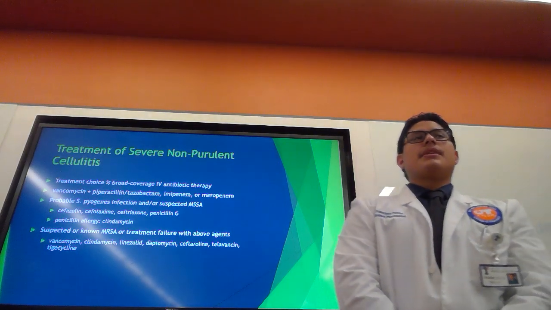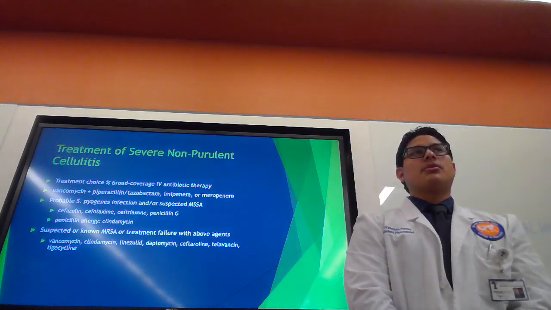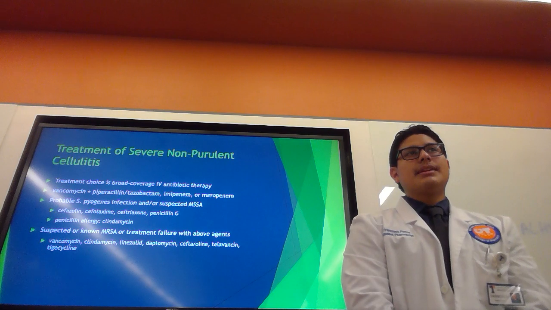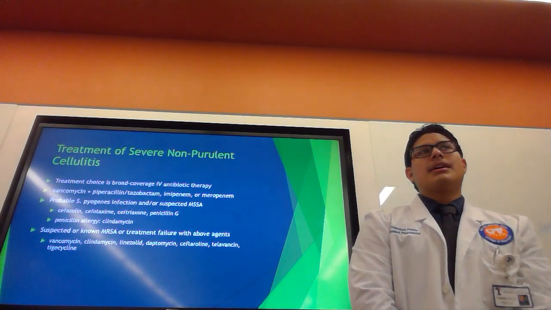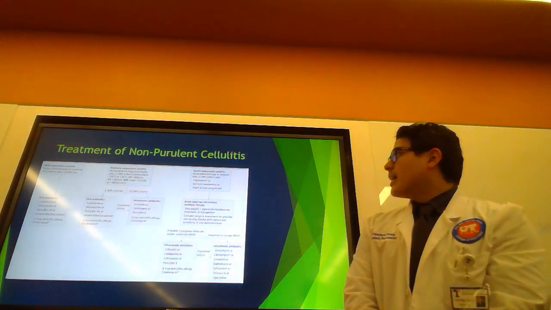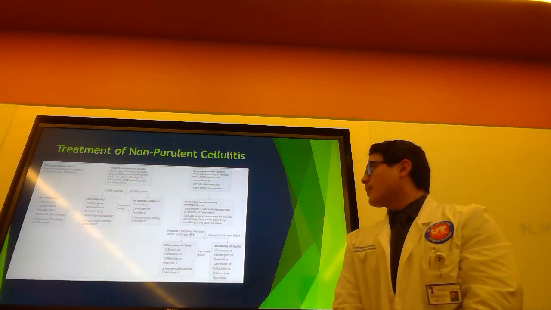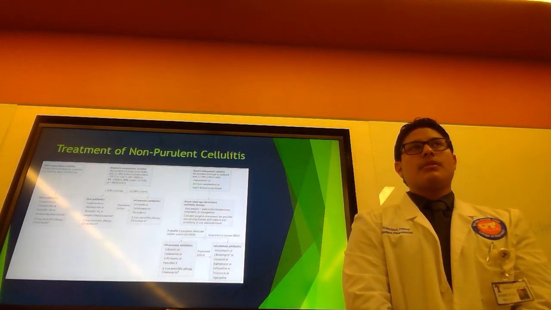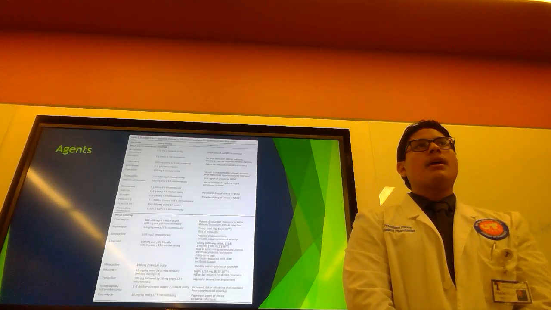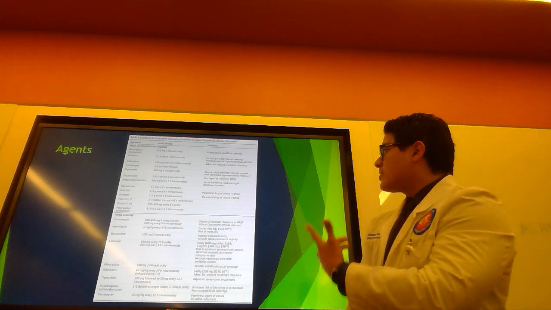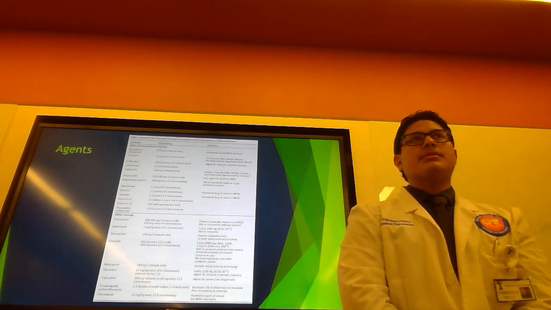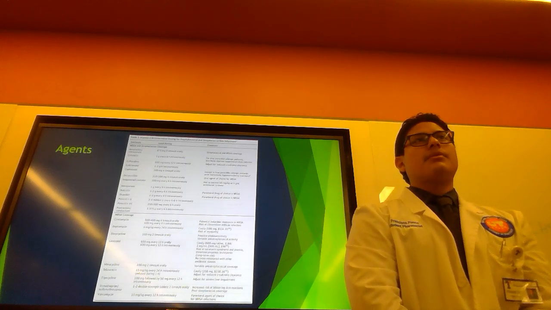If MRSA is suspected or known, or there is treatment failure with the above agents, you can use vancomycin, clindamycin, linezolid, daptomycin, ceftaroline, telavancin, or tetracycline. This is again just a flow chart you can use when deciding treatment. And these are the agents used along with the dosing, and some comments on the medications themselves to be helpful.